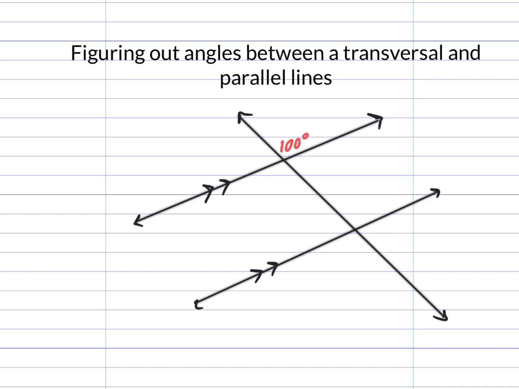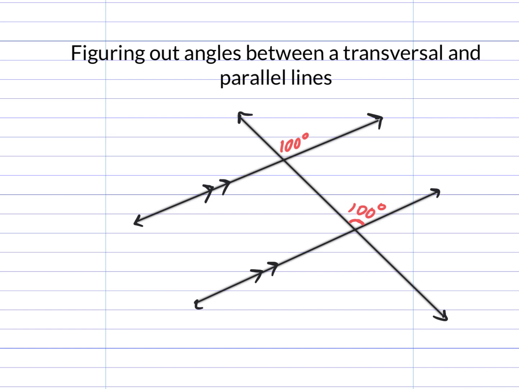Now, using what we know about angles from the previous videos, let's see if we can figure out what the rest of the angles are that have been cut by this transversal. Well, based on what I learned about corresponding angles, angles in the same position on the same side of the transversal, this angle here is also 100.